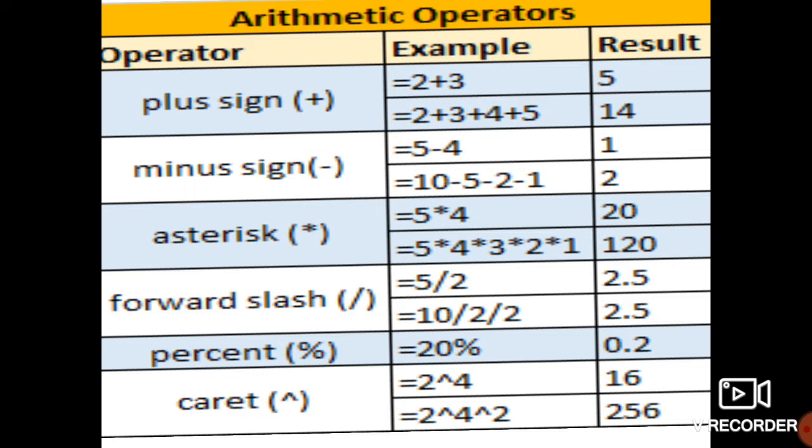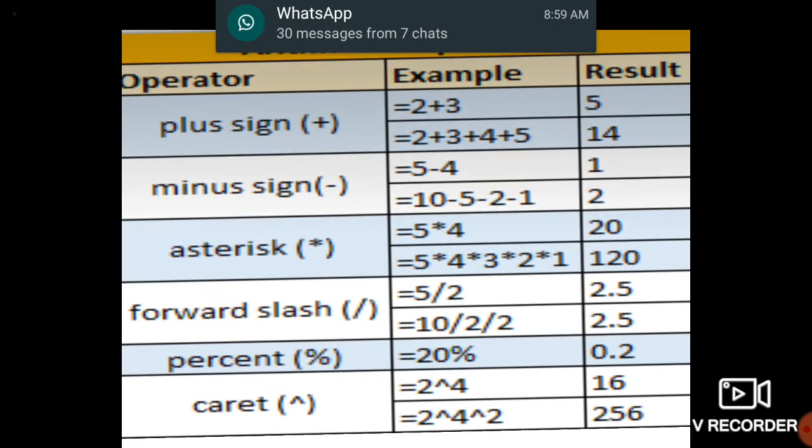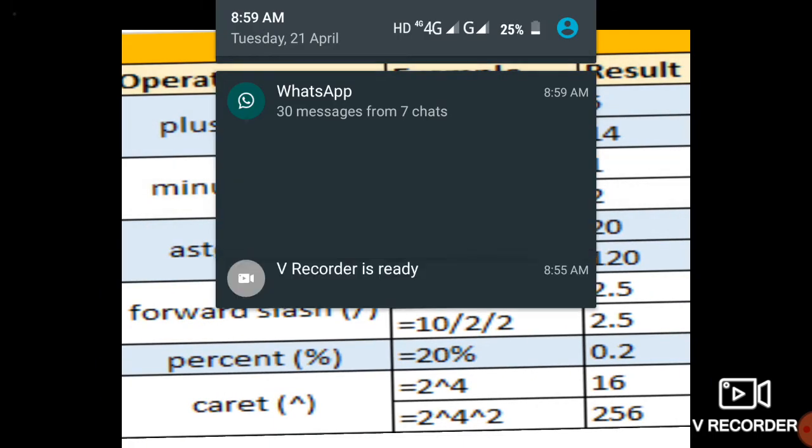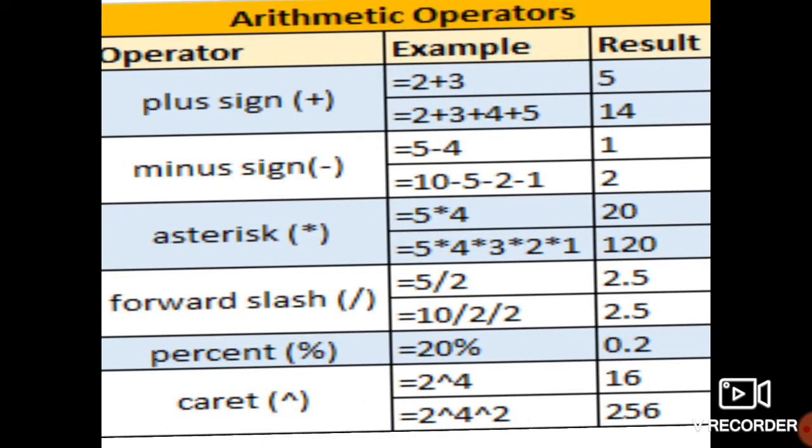Here you can see simple examples with the operator signs. With the plus sign, 2 plus 3 is equal to 5. 2 plus 3 plus 4 plus 5 is equal to 14. Minus sign: 5 minus 4 is equal to 1. 10 minus 5 minus 2 minus 1 is equal to 2.